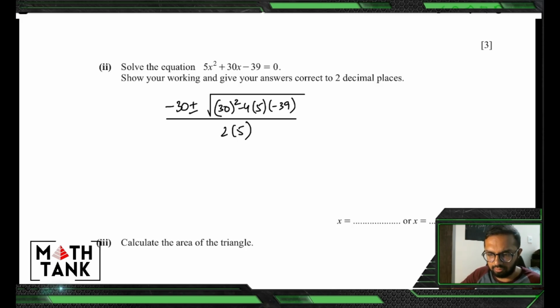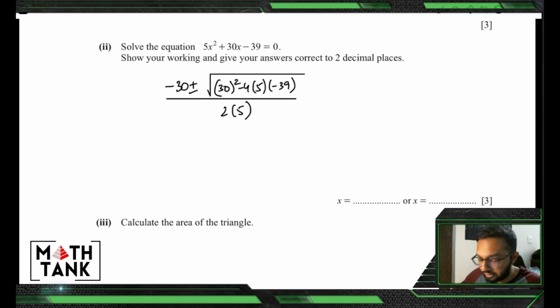You should ideally do this much working. Any working below this might not get you marks. So 1.10 is the first answer, correct to two decimal places, and the second answer is minus 7.10.